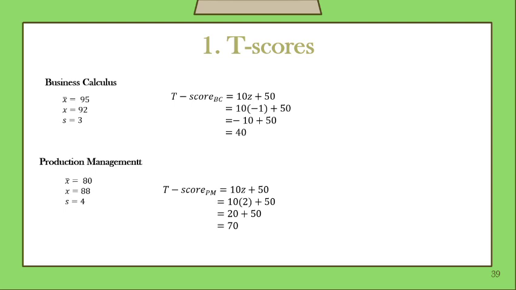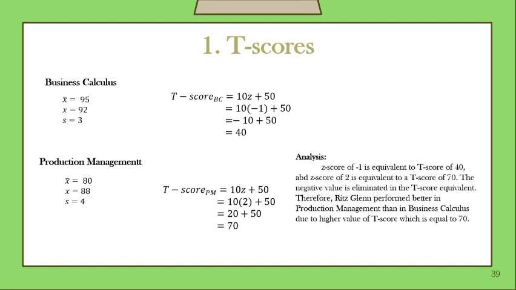And doon sa production management, ang z-score is positive 2. So, substitute lang natin. So, 10 times 2 is 20. And 20 plus 50 is equal to 70. Itong business calculus is equivalent to a t-score of 40. And the negative value is eliminated in the t-score equivalent.